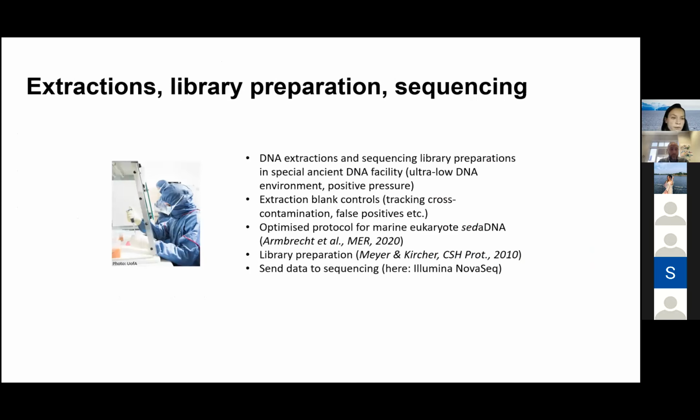All the samples were randomized as well, to make sure there's no systematic extraction error that could be introduced. And then we've applied a protocol that we've optimized before, specifically for marine eukaryotes. That gives us a very wide breadth of taxonomic diversity, hopefully, in the end.